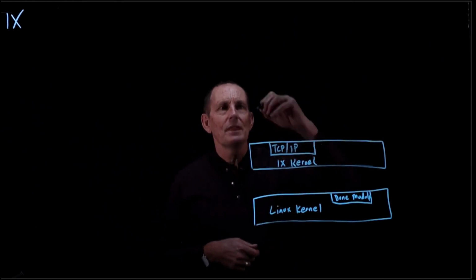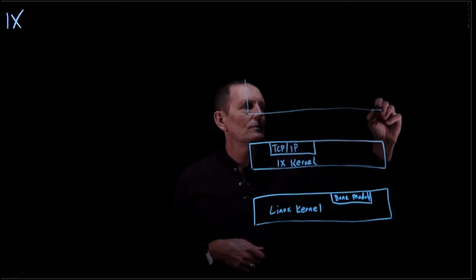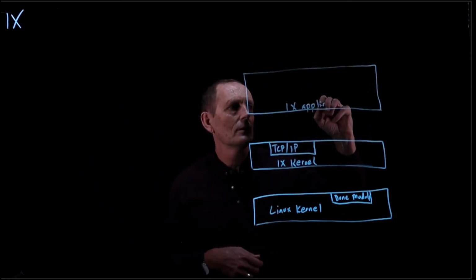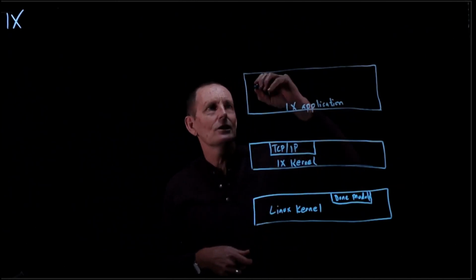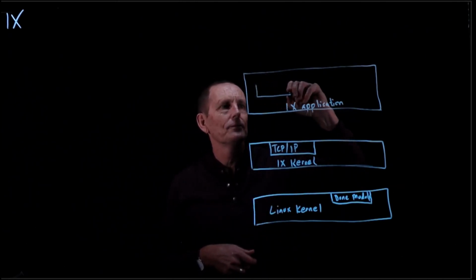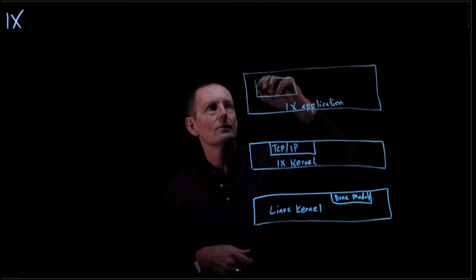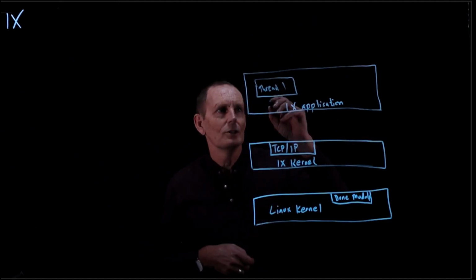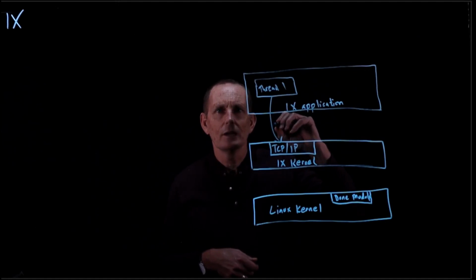And then on top of that, we have our application. So our application can be multi-threaded. And what happens is then it talks to the TCP/IP stack, okay, with a call called run.io.